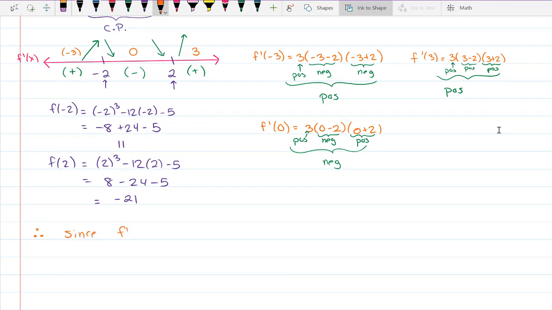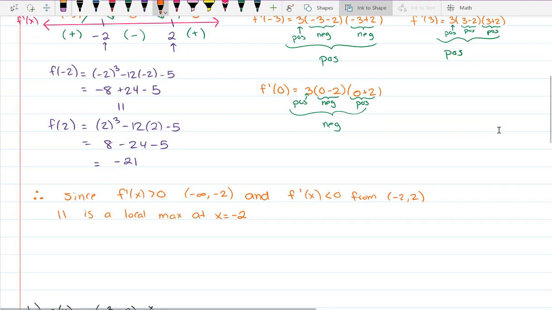Since f prime of x is greater than 0 from negative infinity to negative 2, and f prime of x is less than 0 from negative 2 to 2, we get that 11 is a local max at x equals negative 2. So because the derivative is positive and changes to negative, which means the function goes from increasing to decreasing, then 11 is a local max at negative 2.